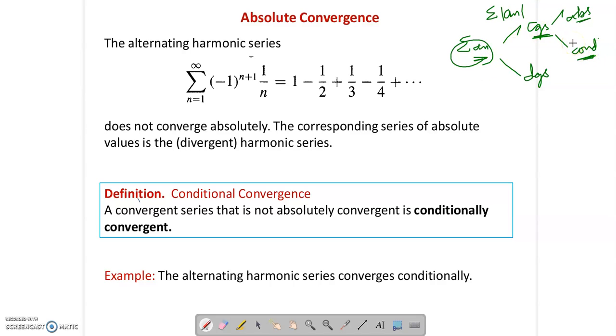I hope it makes sense now. So either the series is convergent or divergent. If it is convergent, it could be absolutely convergent or conditionally convergent. We say it is absolutely convergent if the corresponding series of absolute values turns out to be convergent. If for the convergent series, the corresponding series of absolute values turns out to be divergent, we say that the original series is conditionally convergent.